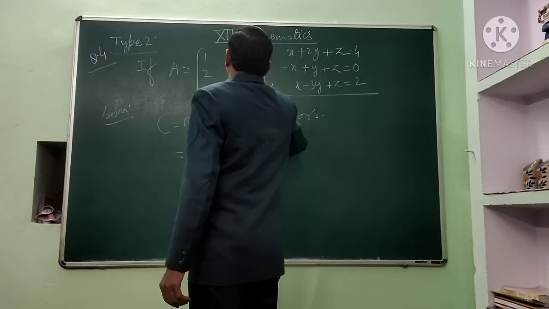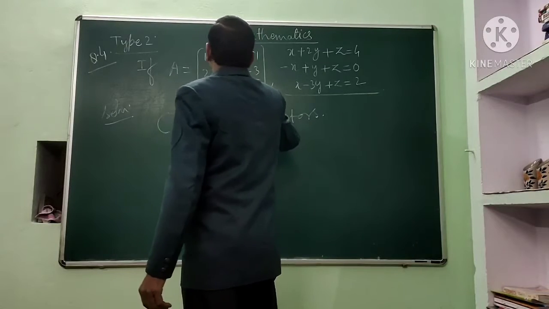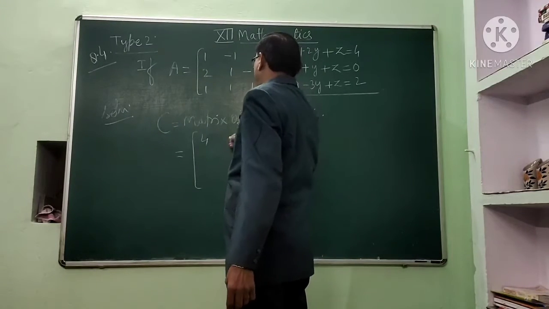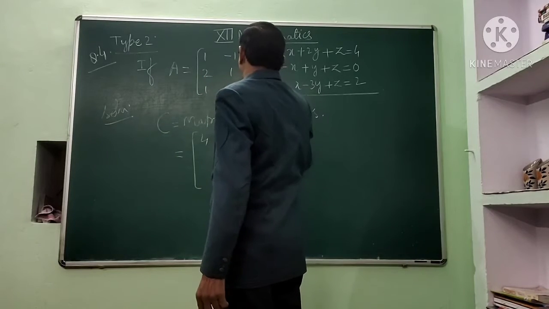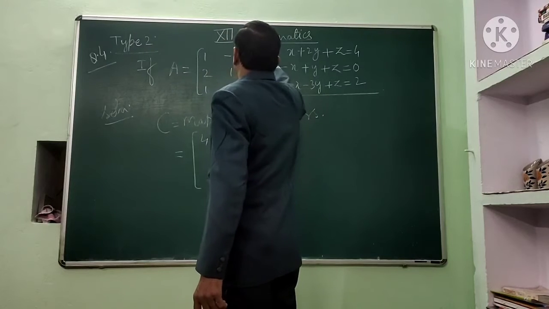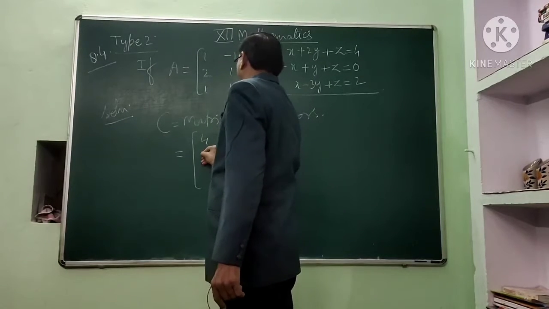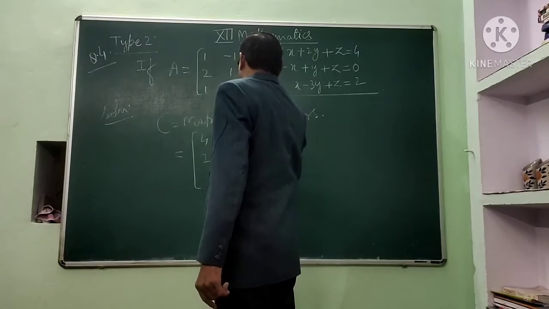It is 1 plus 3, which is 4. Then 2 plus 3 is 5, sign change, minus 5. Then it is 2 minus 1, which is 1. Then minus 1 is minus 2, sign change, 2. Then 1 minus 1 is 0.